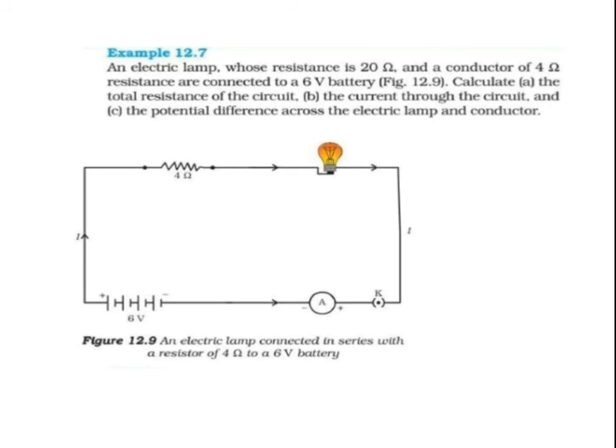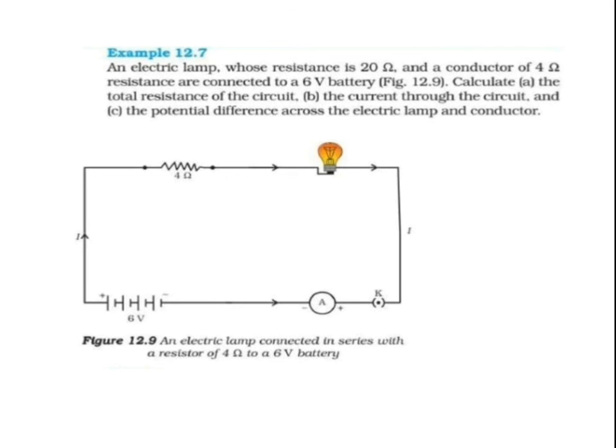The current through the circuit, I've already told you the current remains the same in the series circuit. So we are given the potential difference, and the total resistance is 24. So we'll calculate the current with the formula V equals IR, and then the potential difference across the electric lamp and the conductor. We know that the potential difference divides in the series circuit, it's not the same as current.